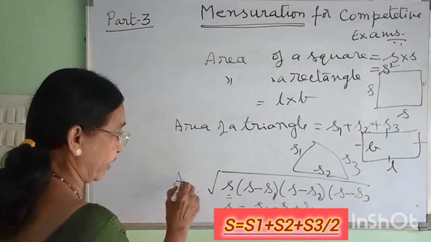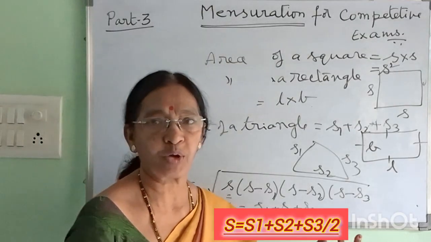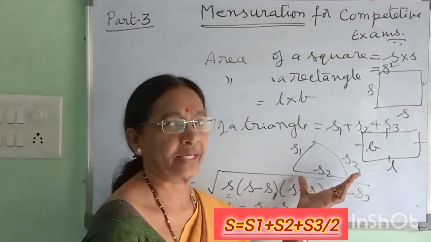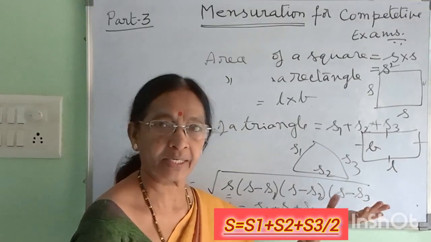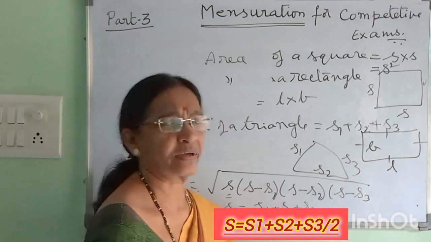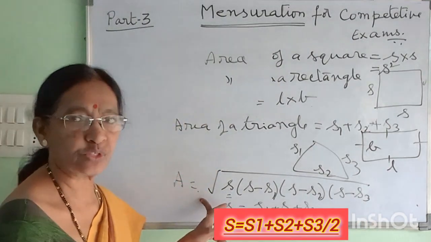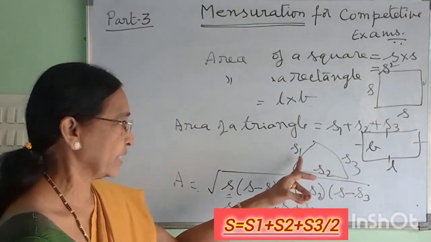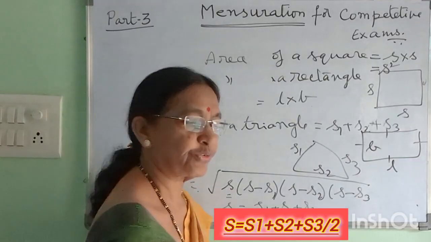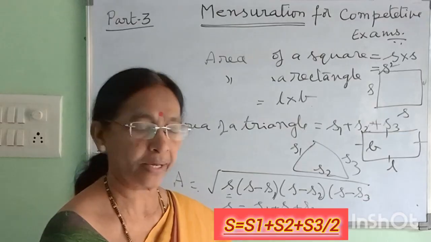This is the general formula for the area of a triangle, and there are different small formulas for different triangles. For an equilateral triangle, the area is equal to root 3 by 4 a square, and for an isosceles triangle there is another formula. But this can be used for any triangle where S1, S2, S3 are the sides of a triangle. Now we will see the units in which the perimeter and areas are measured.